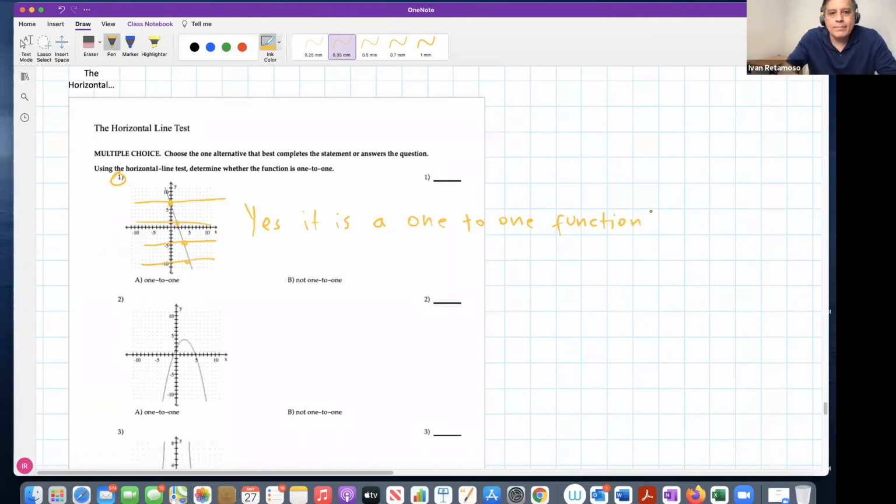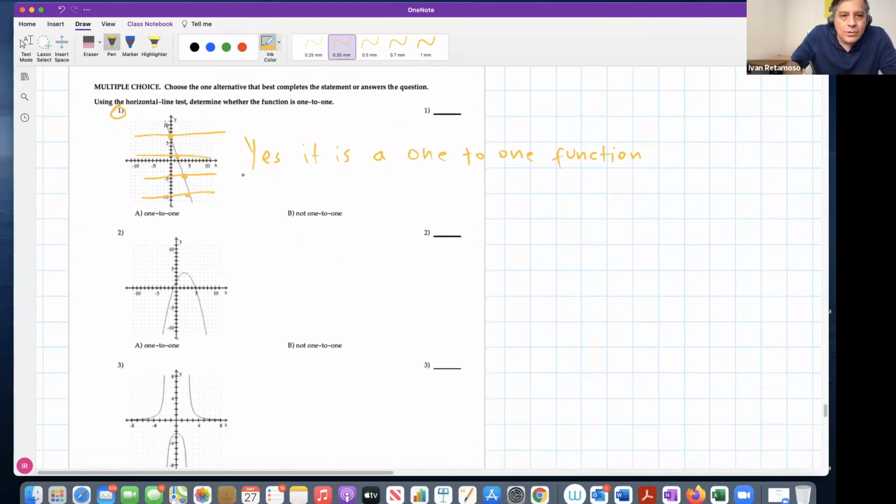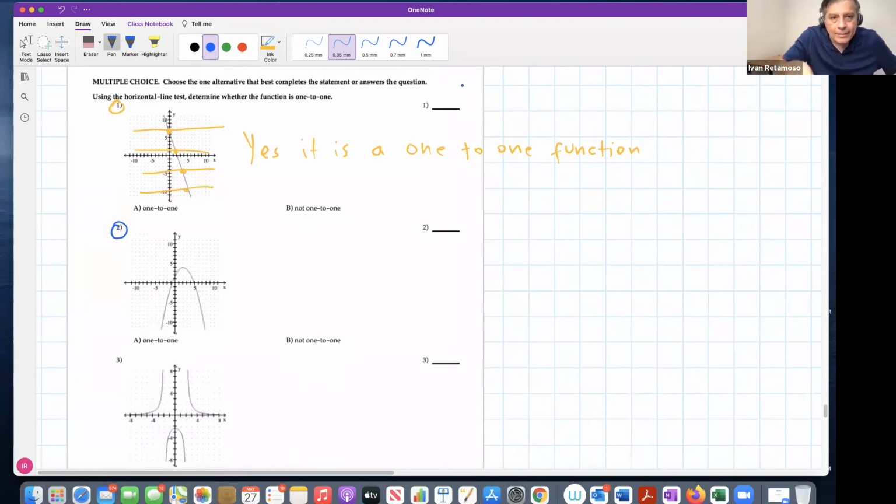Great. Can you try number 2? Is this a one-to-one function? Same question. Try to figure this out for number 2. Very good, guys.